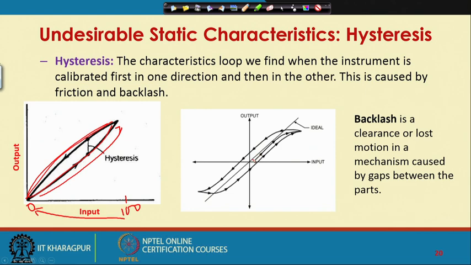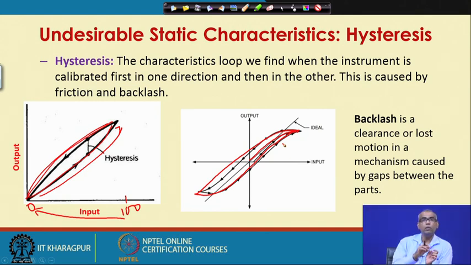The same thing here: I go on increasing the value, then come back, and finally come back like this. So, this characteristic loop is the non-coincidence between the output of the instrument when you are increasing the input values from low end to high end and when you are going back from high end to low end.